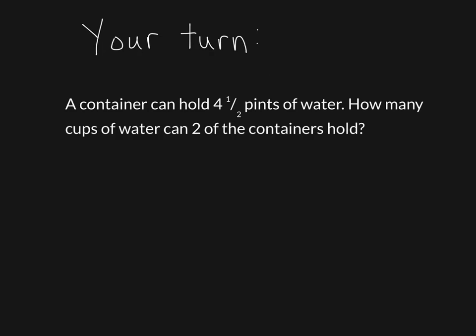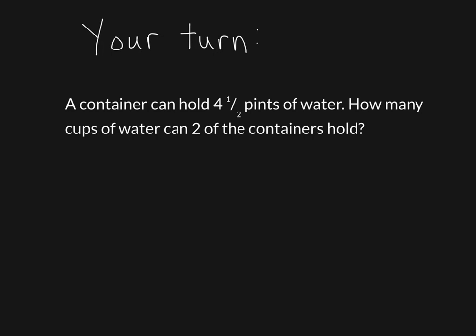All right, here is a story problem using the concept that we were just working on. A container can hold 4.5 pints of water. How many cups of water can 2 of the containers hold? So the first thing we'll have to do is convert 4.5 pints into cups.